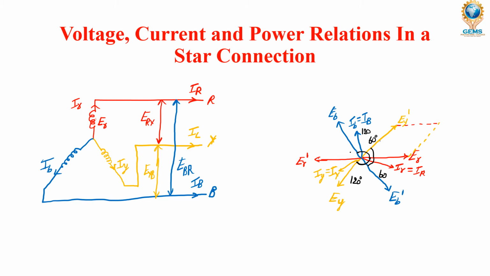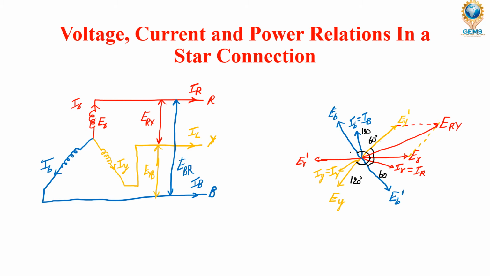The resultant is this one. This we say ERY. This ERY is the resultant voltage, that is line voltage between R and Y.